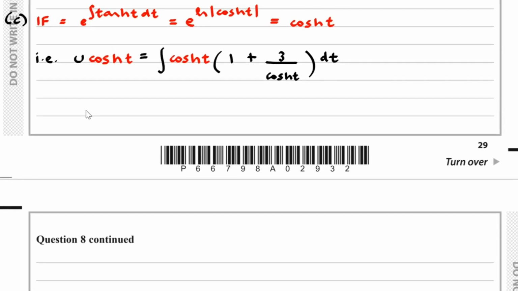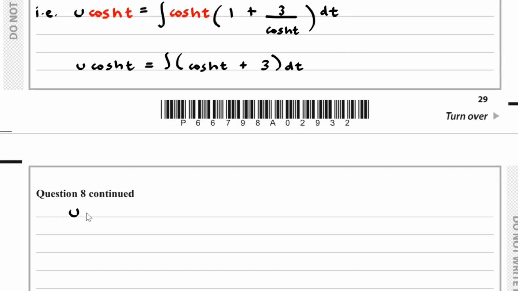And tidying this up, we've got u cos t equals the integral of cos t plus 3 dt, because cos t times 3 over cos t is just 3.